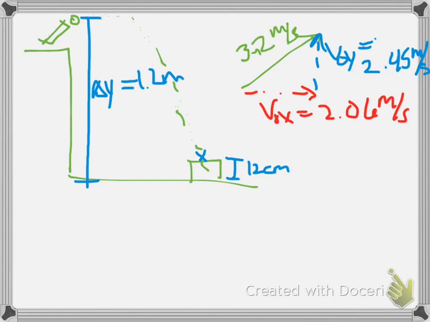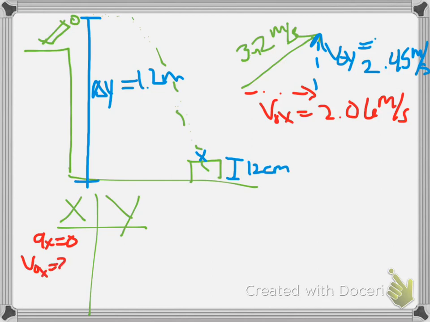So let's get some stuff going in the x and y tables here. In the x direction, what do we know? Well, like always, we know the acceleration is equal to 0. Our initial velocity in the x direction is the 2.06 meters per second. And we're looking for a delta x. We don't know.